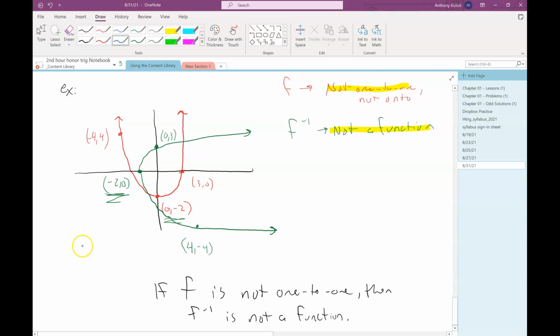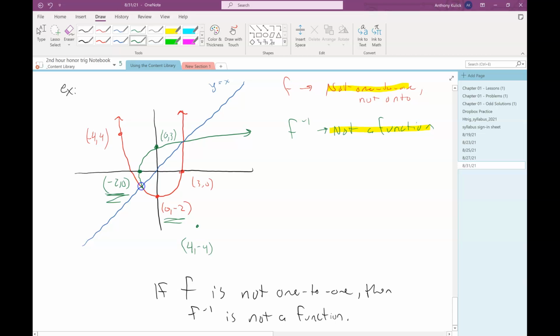Another observation I can make here is if I draw this line, y equals x. I guess I was a little off when I drew this green piece here. Let me try it one more time.